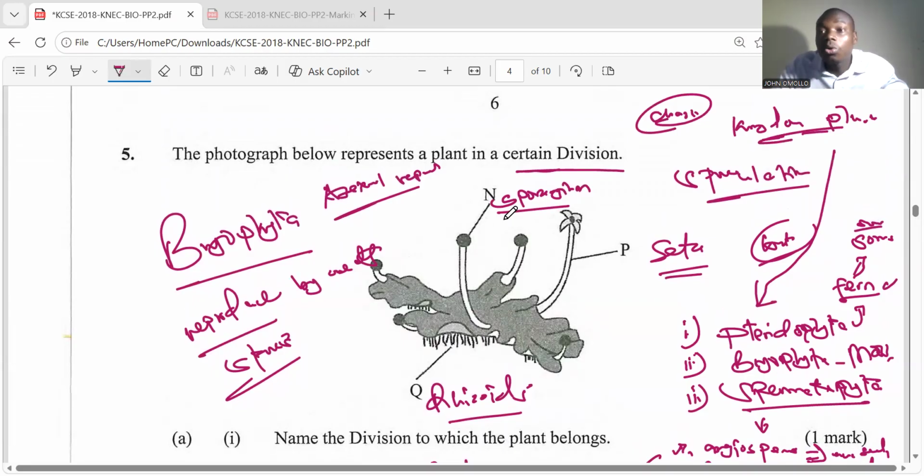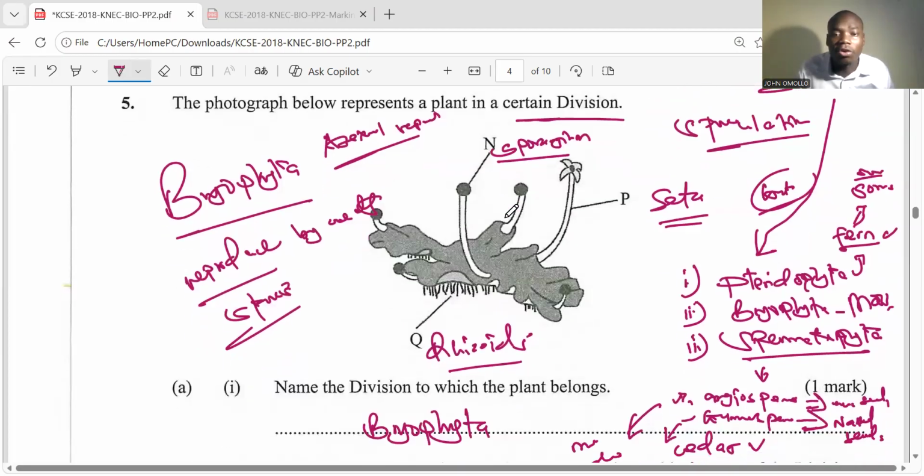Do they have the two reproductive forms, the gametophytes and even the sporophyte? That is the alternation of generation. So they undergo two generations. So that is all about this paper, 2018 paper 2 biology.